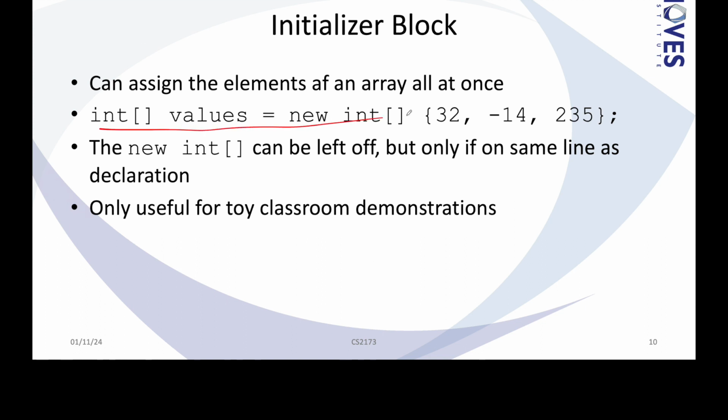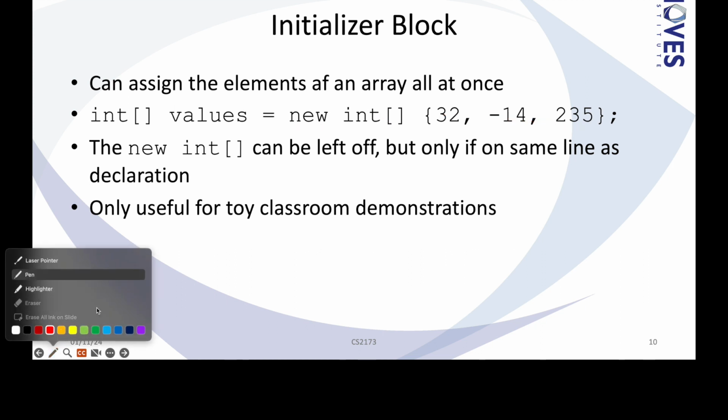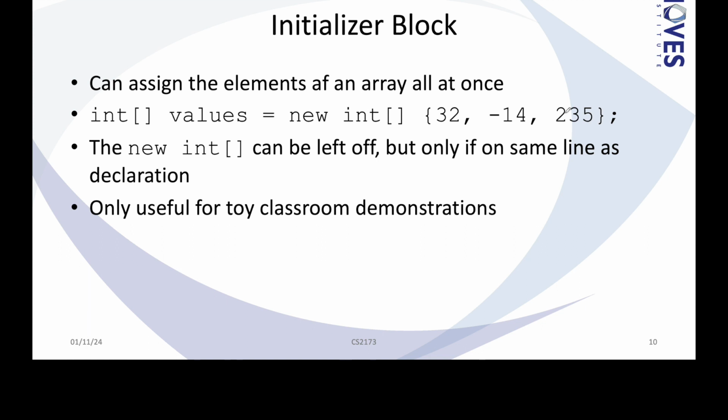Instead of going through all that, I can create the array and assign it, I can just pop the values in. And you can even leave this off. Why? Because I've saved 6 keystrokes and it hurts my fingers.